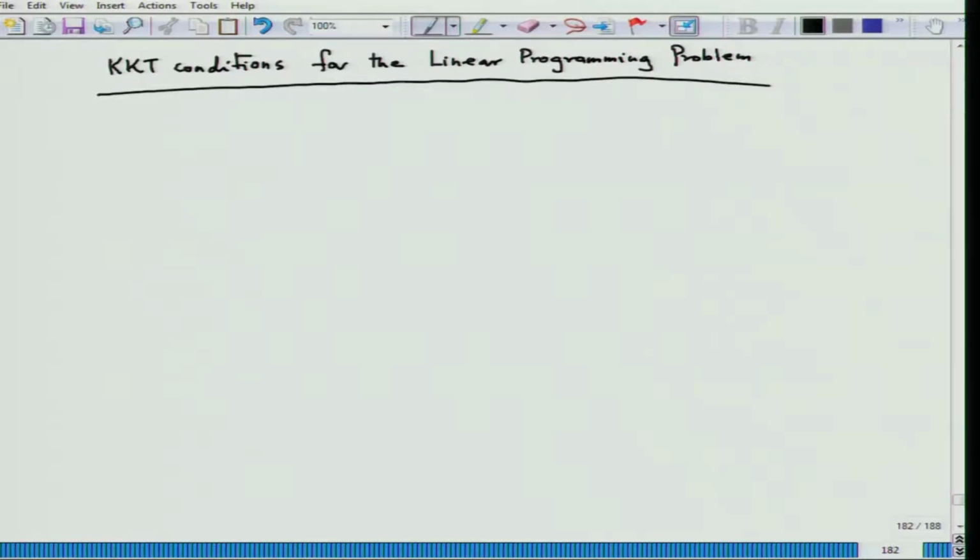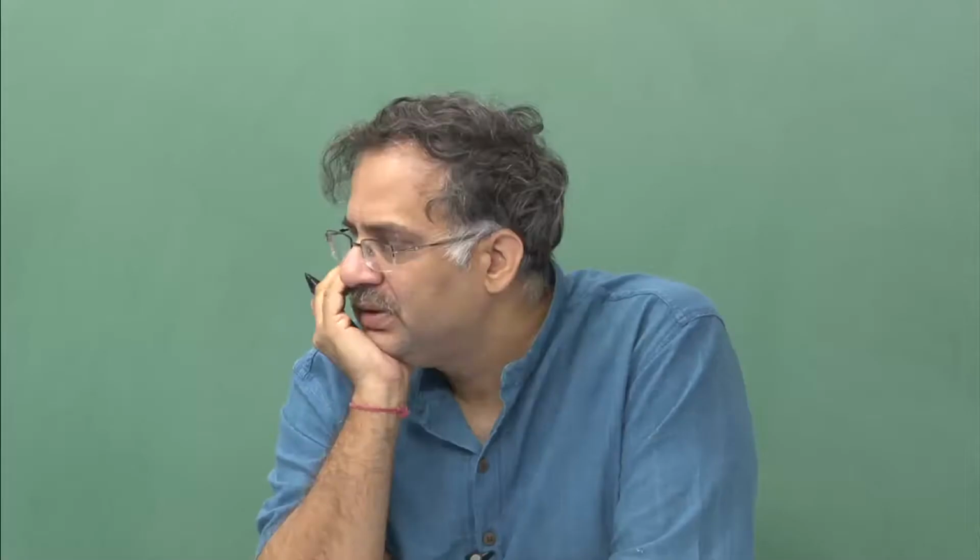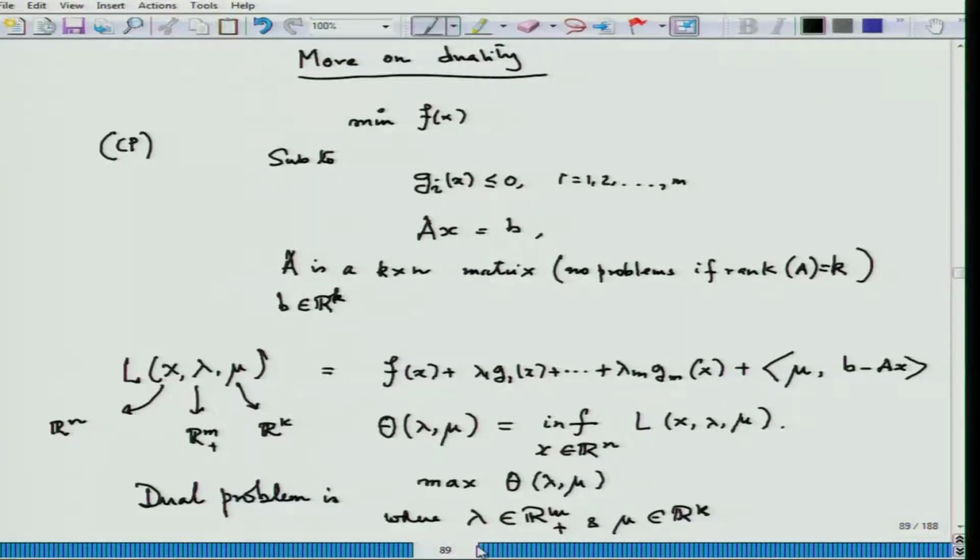Okay. If you go back to the saddle point theorems, I would just like to recollect the saddle point results. You see the saddle point results here, g_i(x) less than or equal to 0.